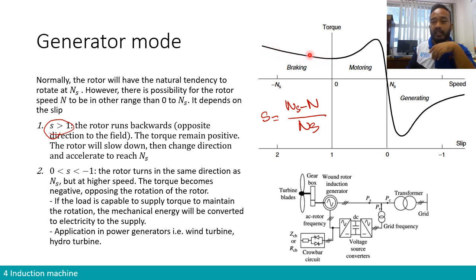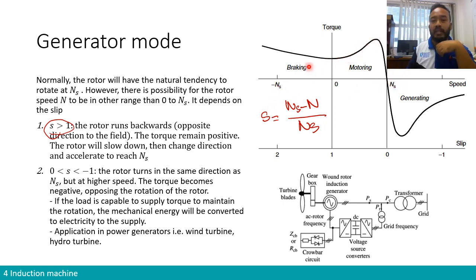You can see that the torque is increasing, and it is going to continuously increase because the slip is very large. If you stop the force that's moving the rotor in the opposite direction, the torque will bring the machine back in this direction, and then it goes back to synchronous speed.